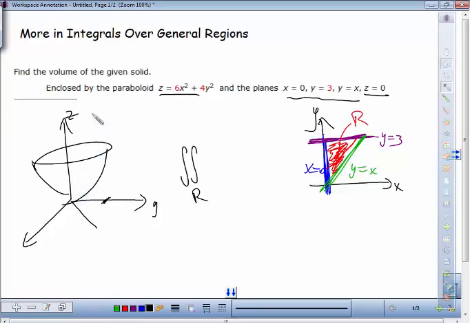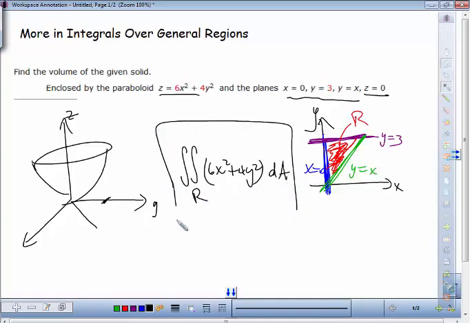Now the upper z level function that we're looking at is 6x squared plus 4y squared. And then we're looking at the floor, the xy plane, the z is equal to 0 plane. So we don't have anything else to subtract out of this. This is going to be our general setup for our volume.